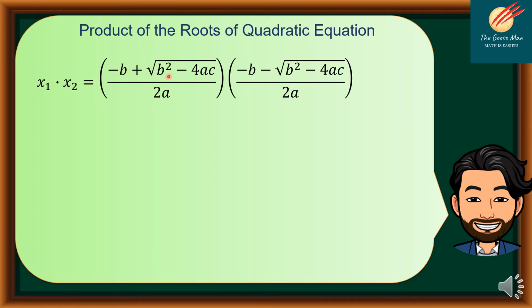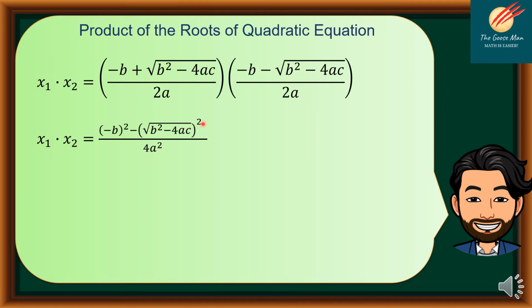square root of b squared minus 4ac, so we'll come up with the product of the roots equal to negative b squared minus the square root of b squared minus 4ac squared all over the product of 2a times 2a, which results in 4a squared. Now I can cancel the square root as well as the squared.